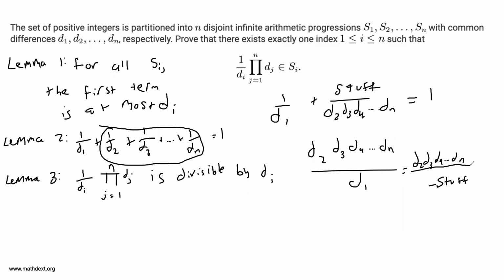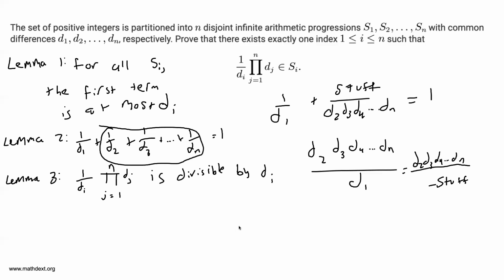However, this product is a positive integer because all of the di's are common differences, which are integers, and the stuff is a positive integer because we wrote this over a common denominator, which means that this thing also has to be a positive integer. And the only way that this can be a positive integer is if this stuff is divisible by d1.